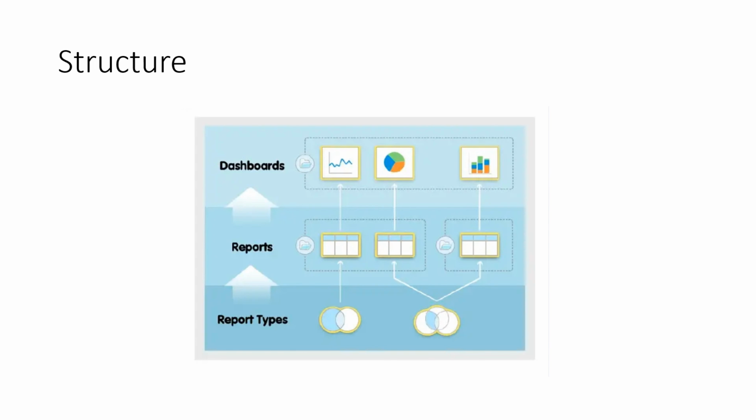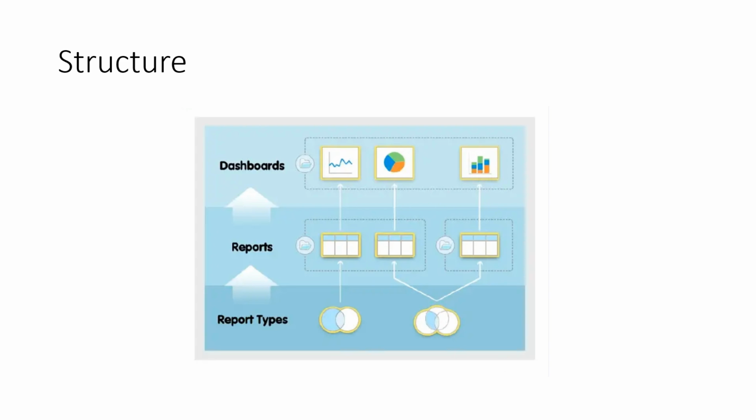All right, so what is the structure on Salesforce for the reports? First we need to understand how reports are defined on Remedyforce. Reports and dashboards are part of the Salesforce platform, and they're defined in the next way. There is a report type, which pretty much defines the object, data, and relationships available at report level.